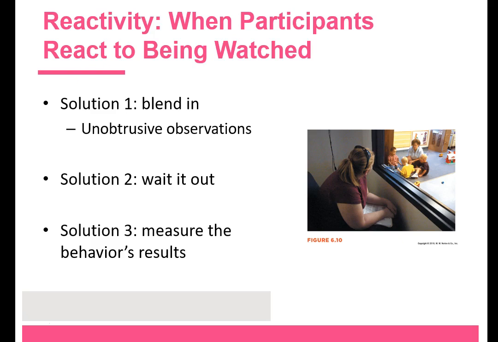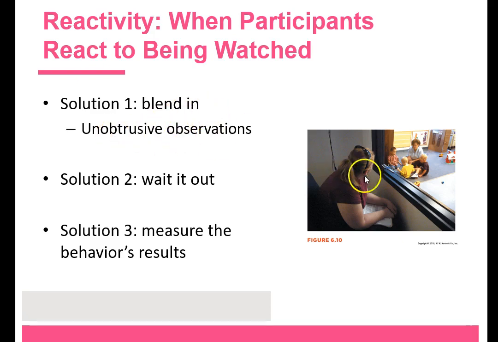Reactivity is also a problem in observational studies in that participants react to being watched. They change their behavior. And so how do we deal with that? Well, we could try to use unobtrusive observations, meaning where participants don't even know that they're being observed.